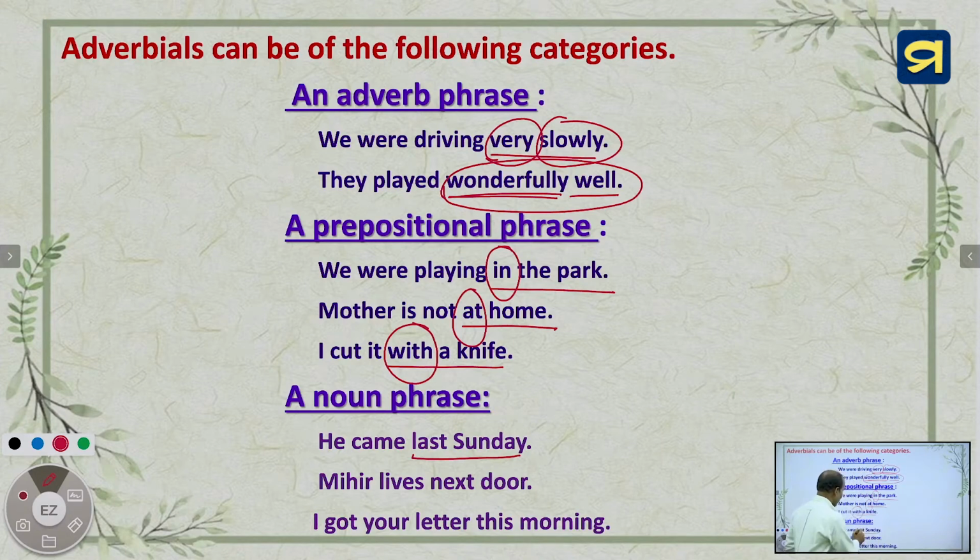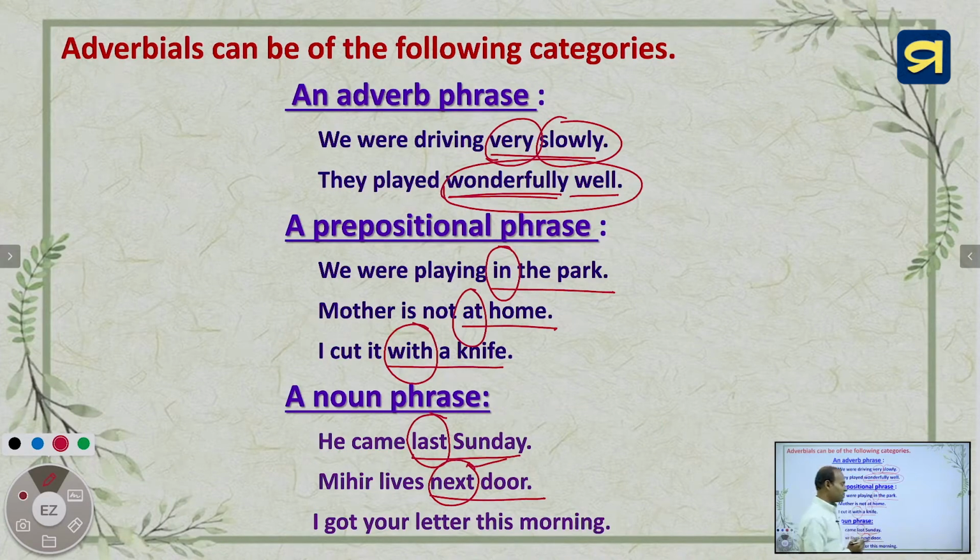But here, this adverb begins with a noun, last. That's why this is a noun phrase. Okay? Mihir lives next door. Where does Mihir live? You will definitely get the answer, next door. And you will see that this is your answer. Next door starts with the word next, which is a noun. That's why this is a noun phrase.